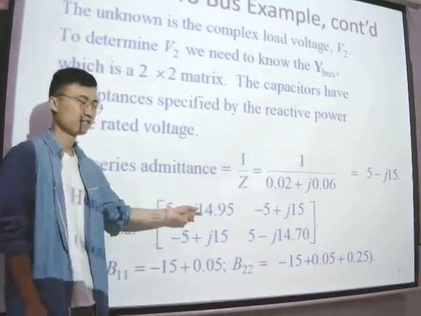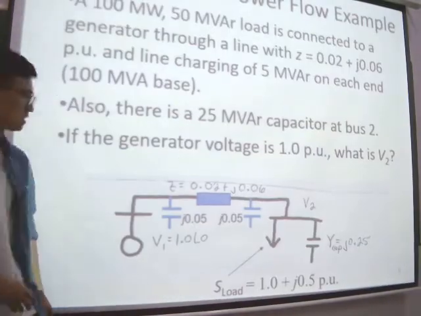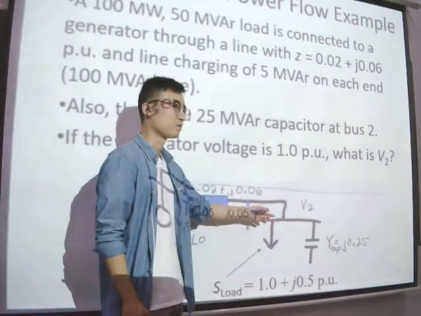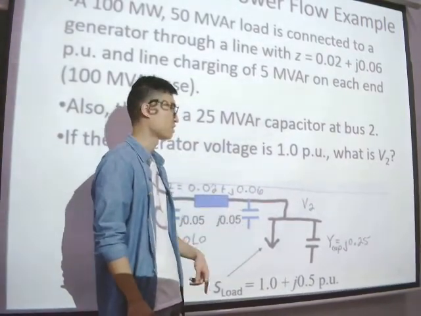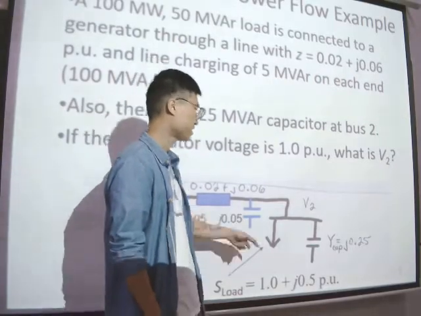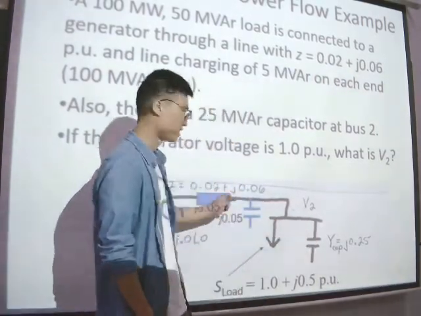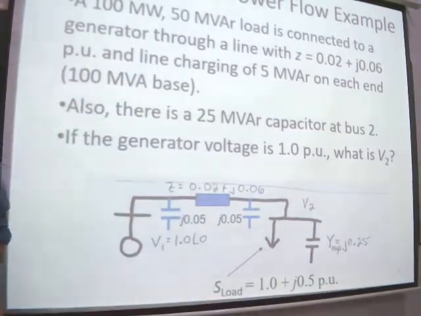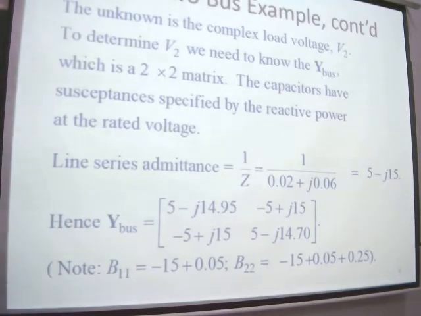For the load bus, it is connected to the line admittance and the shunt capacitor admittances, so these three are summed.